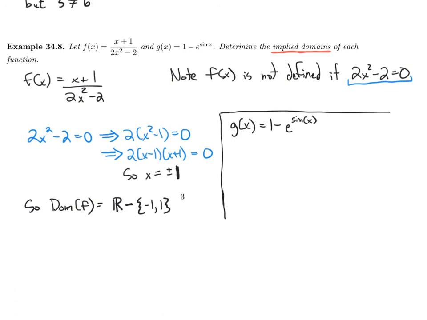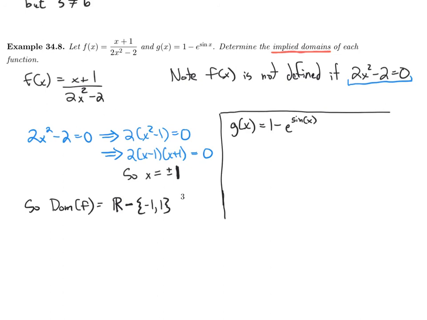Well, you can plug in any x value for sine and you'll get some output. There's no excluded values for sine. For e, again, there's no excluded values for e either. So in fact, the implied domain of this is just all real numbers. You can always plug in any value of x and get something defined here.